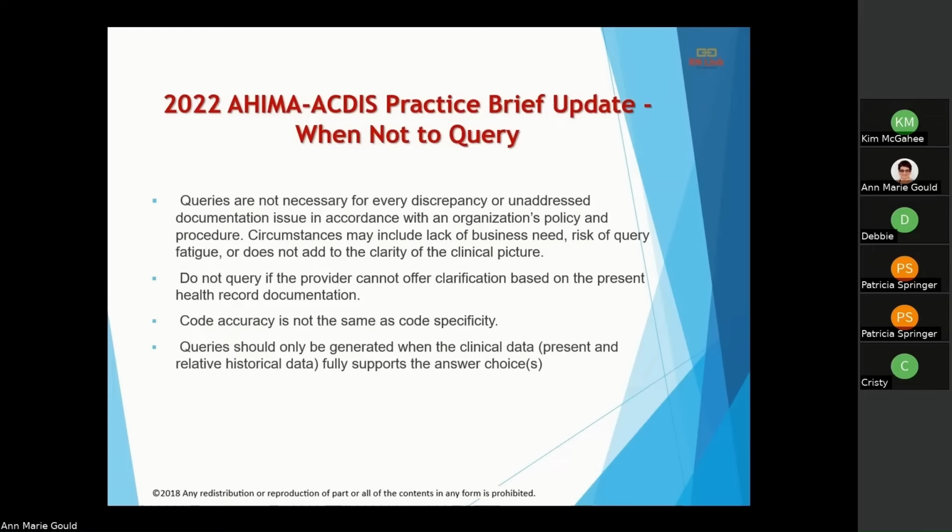I said, you're going to give the physician query fatigue. But they wanted queries out there on every little thing. Is that appropriate? I don't know. Depends on what your hospital policies are. I think it's query fatigue you give the providers when you query every little thing.